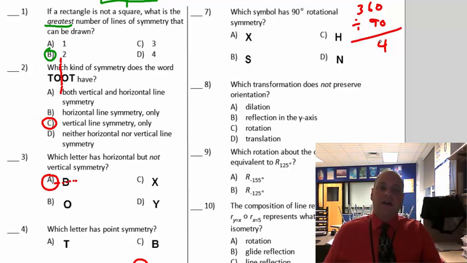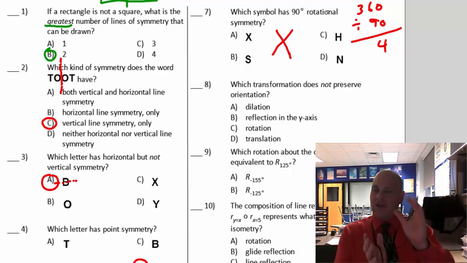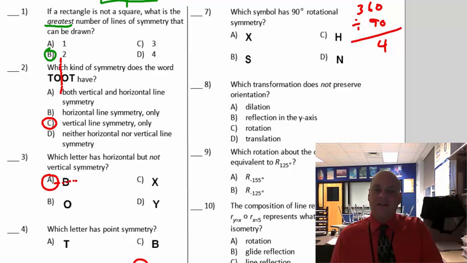Now, it's arguable for an X, because if you draw it like that and turn it, it isn't quite exactly the same. The way they drew this X here doesn't even look like it.